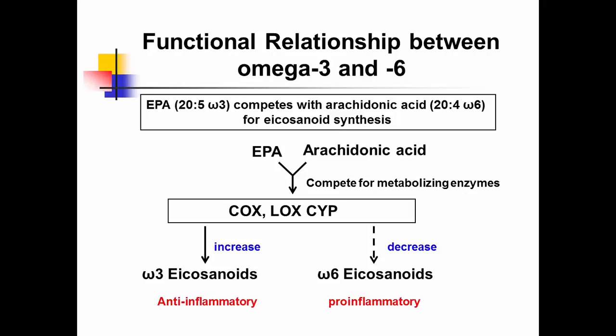So these 2 types of fatty acids can compete for the metabolizing enzymes, right? They compete for these 3 major enzymes for synthesis of omega-3 eicosanoids or omega-6 eicosanoids. For example, if we have a lot of EPA, an omega-3 fatty acid, available, then more of the set of enzymes are used for the synthesis of omega-3 eicosanoids, right?